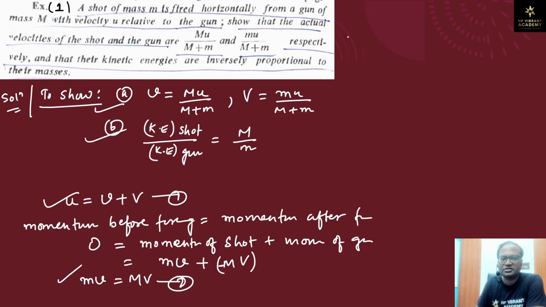So we have the equations as u is equal to small v plus capital V, and secondly, small m into small v is equal to capital M into V. So let us solve these two equations.